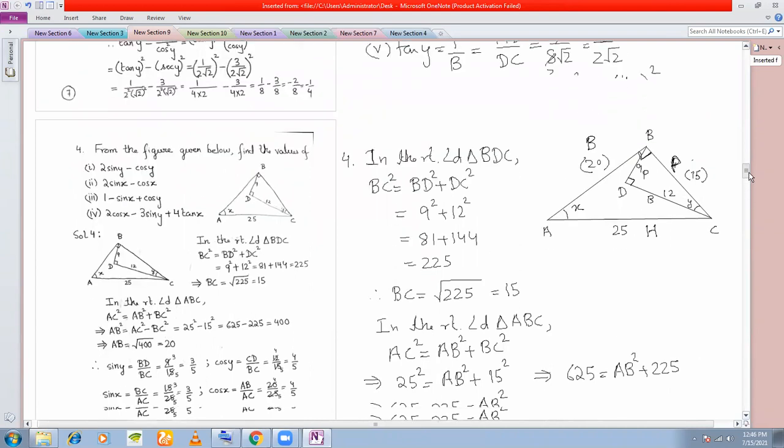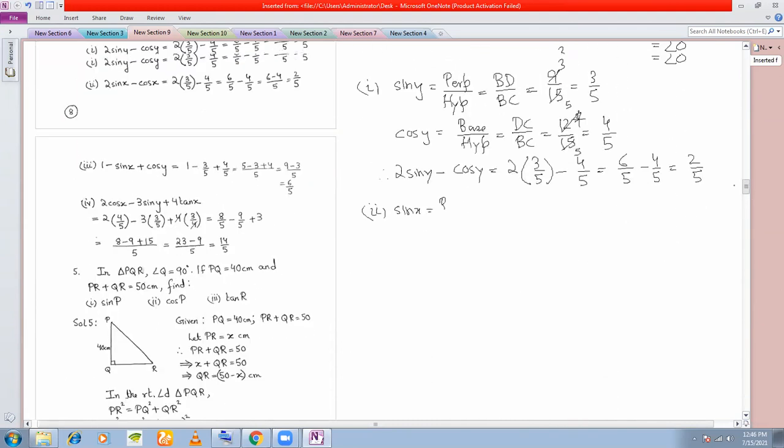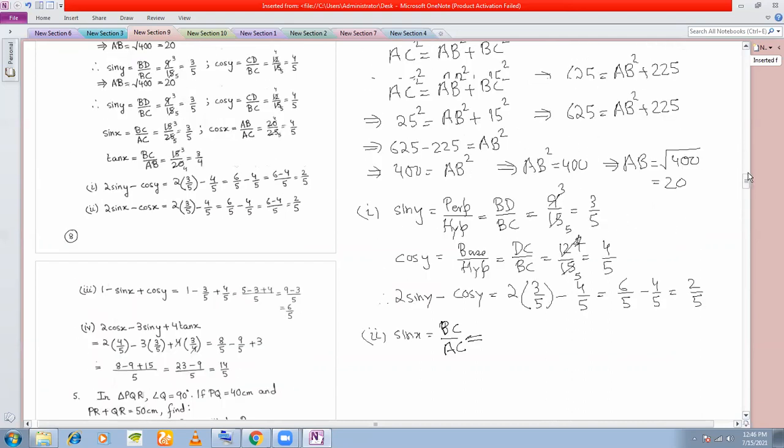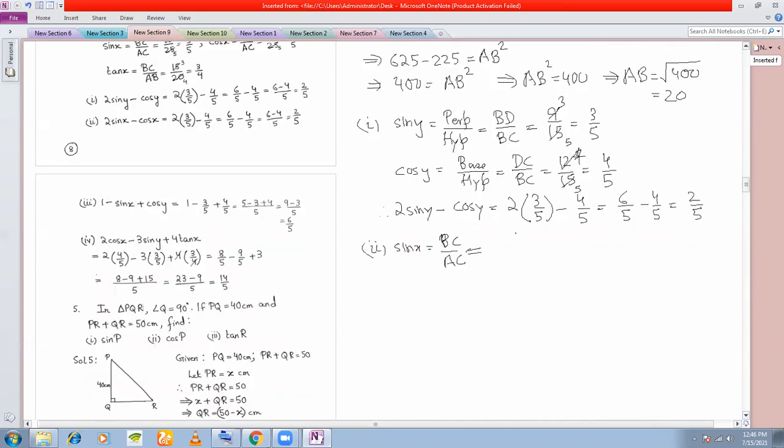Now we shall write sin x must be equal to perpendicular by hypotenuse. Perpendicular here is BC, hypotenuse here is AC. So BC by AC. And BC here is 15 and AC is 25. So 15 by 25, which is 3 by 5.